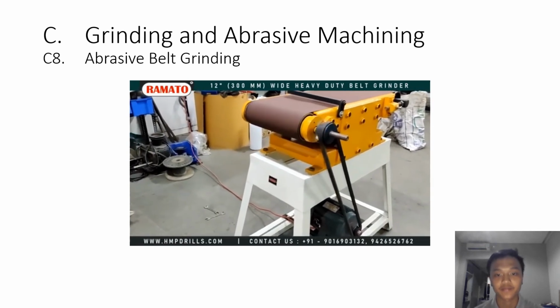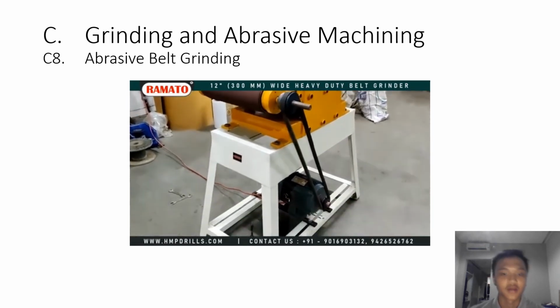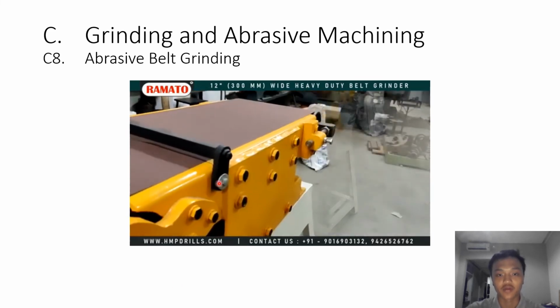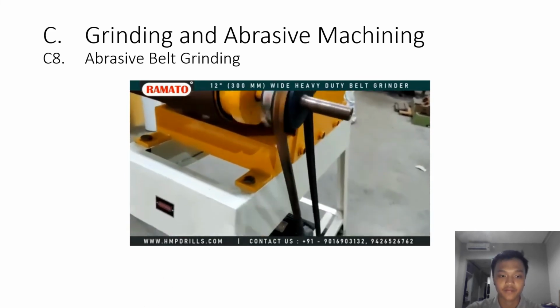This is the process of abrasive belt grinding. And this is the machine for this process.